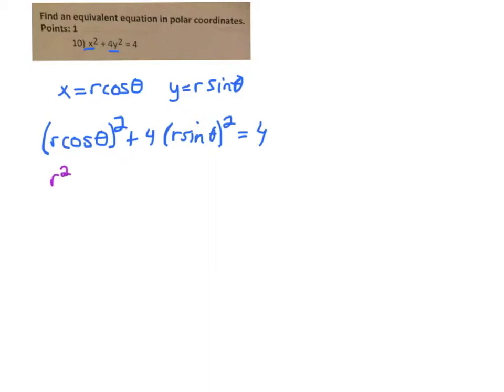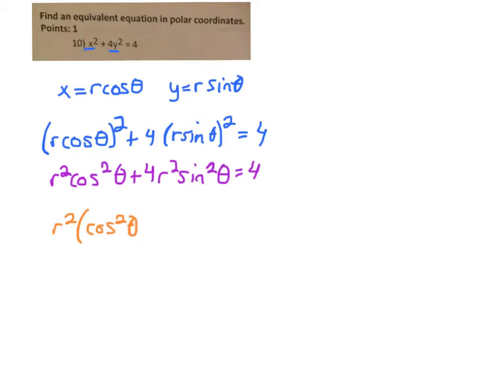So this is r squared cosine squared theta plus 4r squared sine squared theta equals 4. And if this was multiple choice, the answer choice we would be looking for has the r squared factored out for whatever reason. So this would be the answer choice we'd look for.